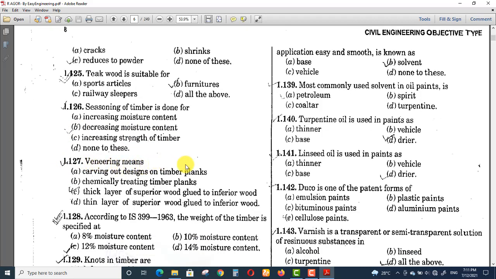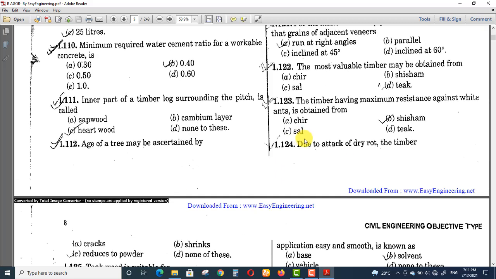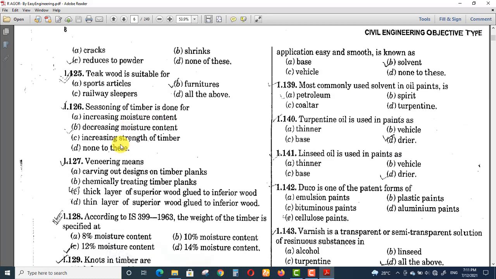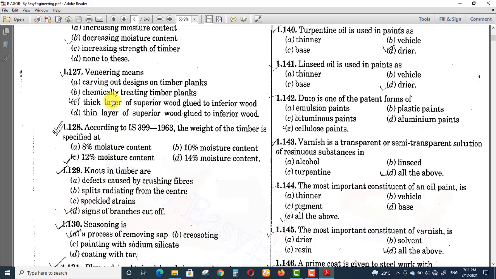Veneering means, like we have discussed in one of the previous questions about the veneer. Let's see the options. Veneering means carving out designs on timber planks, chemically treating timber planks, thick layer of superior wood glued to the inferior wood, or thin layers of superior wood glued to the inferior wood.